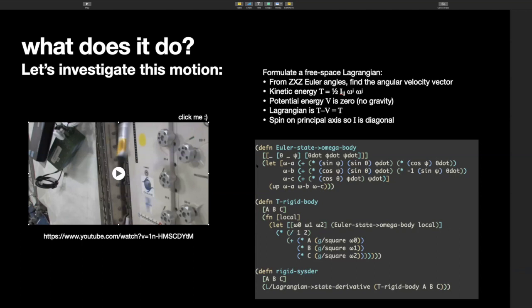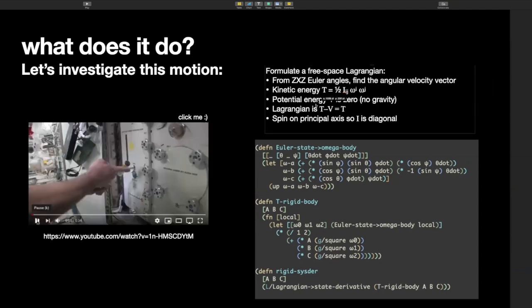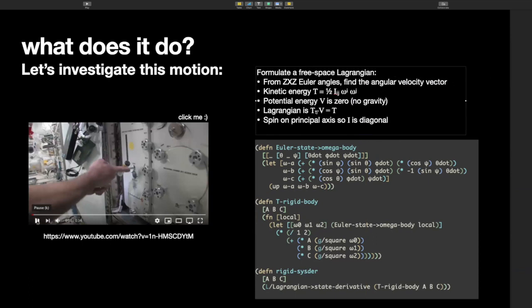The book initially says, like most physics books do, we're just going to take that on faith. Later on, we can show that this all follows from F equals ma. But for the time being, let's just say the Lagrangian is T minus V, or the kinetic minus the potential energy there. Okay, I'll come quickly through there.